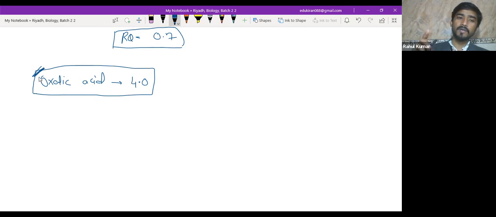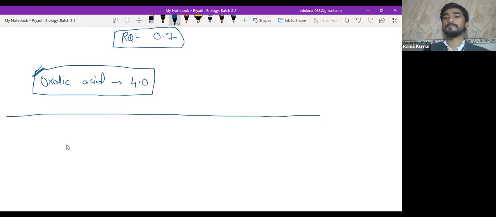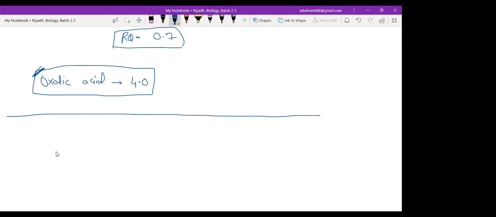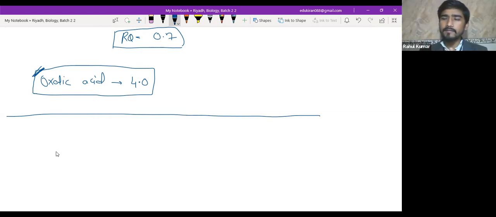So carbohydrates 1, protein 0.8 to 0.9, fats around 0.7, malic acid 1.3, and oxalic acid 4. Is it clear, Mariam? Yes, sir. So for respiratory quotient, if they ask you for any metabolite, they will just give you the formula and you will be able to find the RQ.